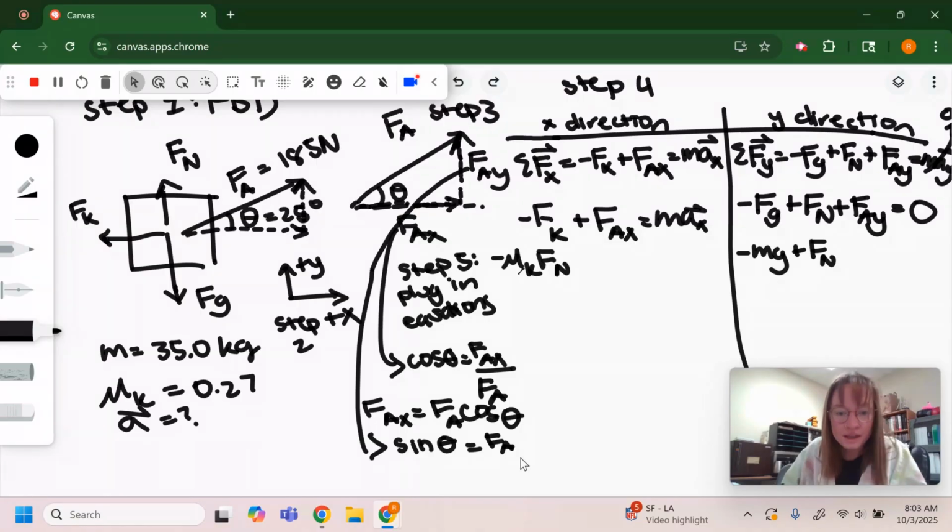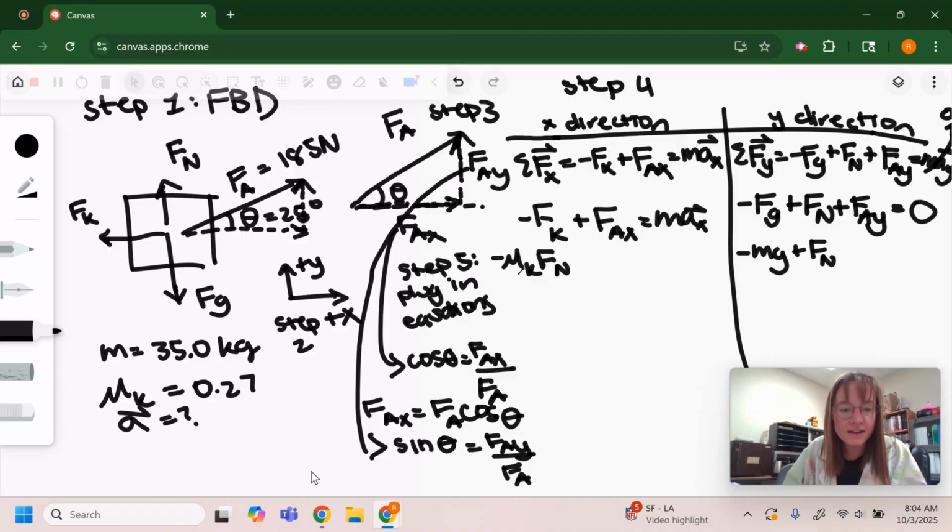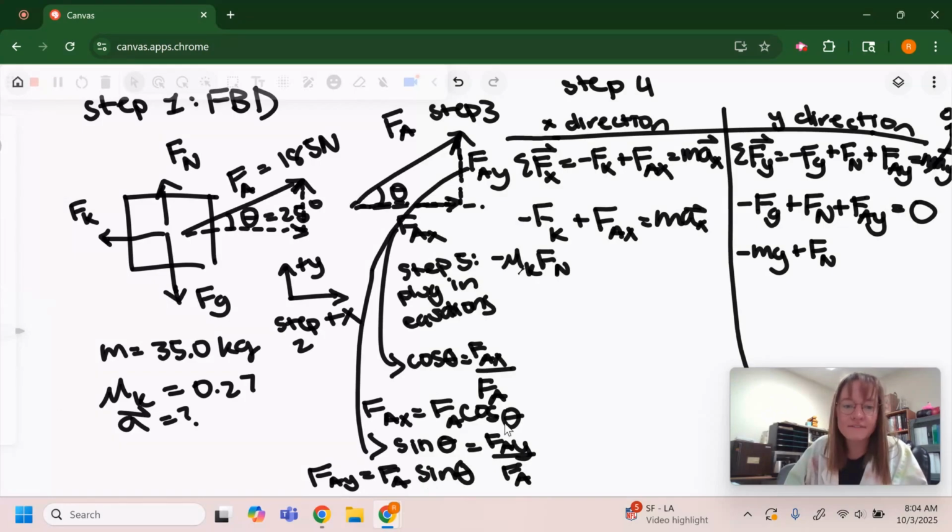Okay, so FAY all over FA. Great. Now, if I want to find FAY, I go FAY is equal to FA times the sine of theta. Now I have two equations, one for FAX and one for FAY.